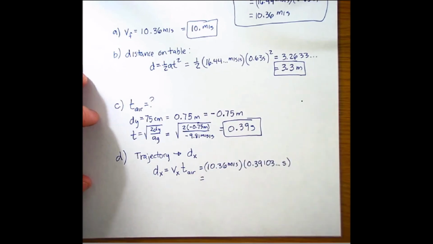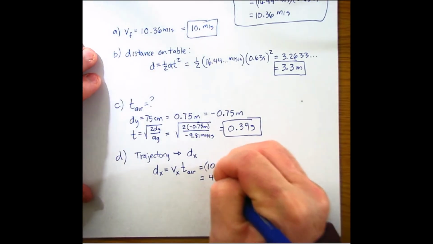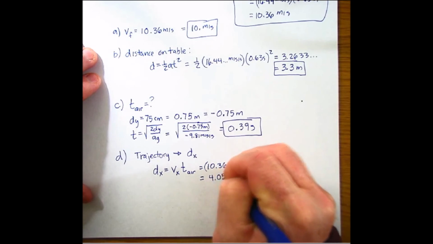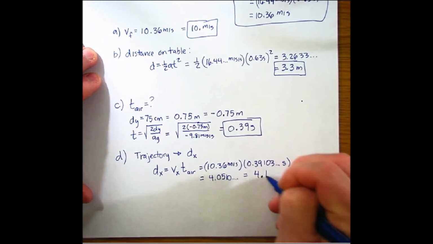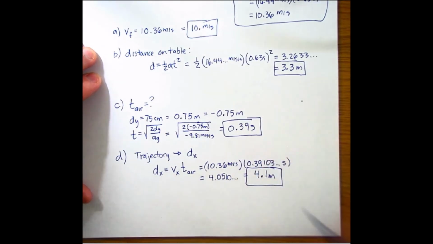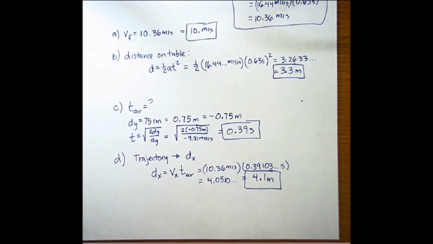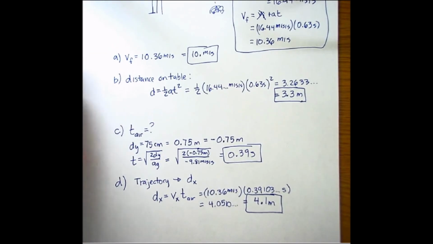When I multiply those two numbers on my calculator, I get 4.0510 meters, and with the two sig figs that I have in this problem, I get 4.1 meters. So this ball is going to go pretty far out from the edge of the table, 4.1 meters, but honestly, that kind of makes sense when you consider the fact that it was going 10 meters per second when it got kicked off the edge. That's a pretty fast horizontal speed.